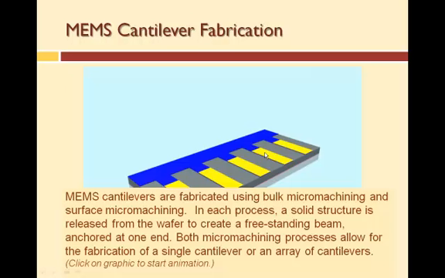T-Mobile in the US might use a different frequency than they use in the United Kingdom. So you need different antenna lengths to do that effectively. You could use an array of switches that contact the antenna at different points, effectively having a different antenna length. So that's one application people are using for actuated cantilevers.